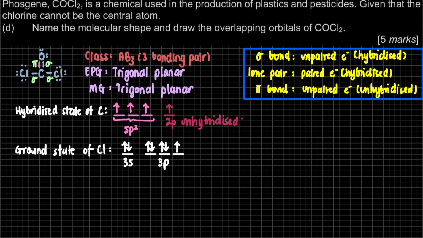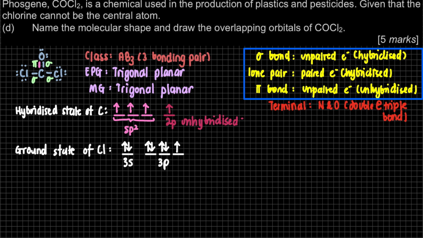How about the oxygen? For the terminal atom, there's an exception. The exception is that for a terminal atom, if we have nitrogen and oxygen with a double or triple bond, it will be hybridized. In this case, our oxygen has a double bond, so we have to show the hybridization, or the oxygen is hybridized as well.